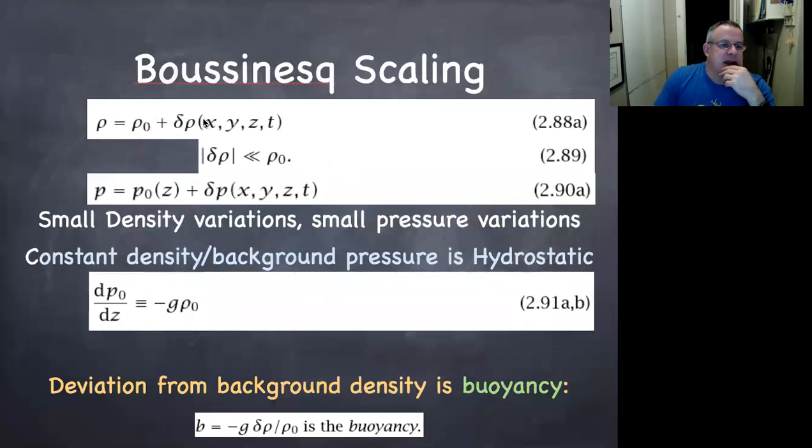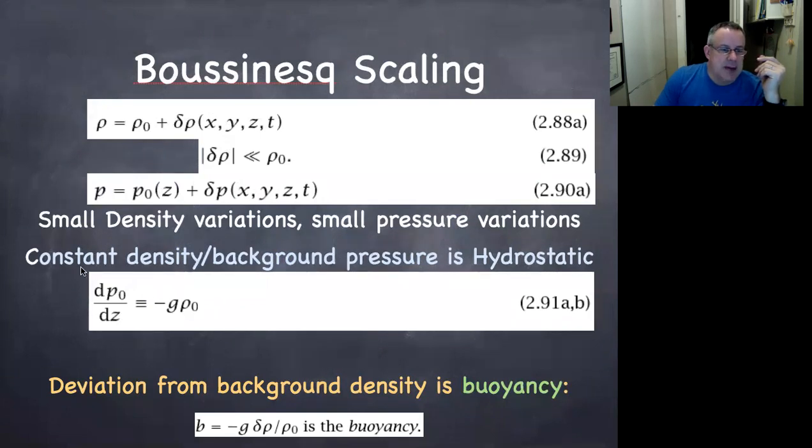Okay, the Boussinesq scaling then says, let's take our density and expand it out to a background part and a little variation. Our hydrostatic pressure then is going to be a background part that's now a function of z that depends only on this density, and then a variation in pressure that depends on this density.